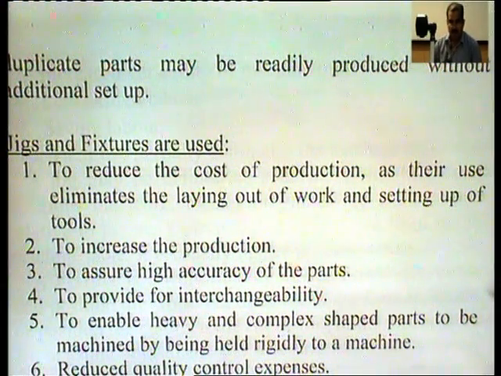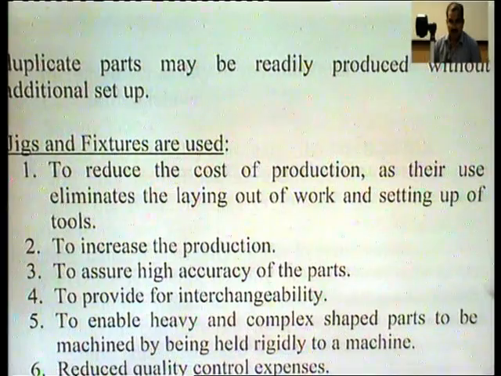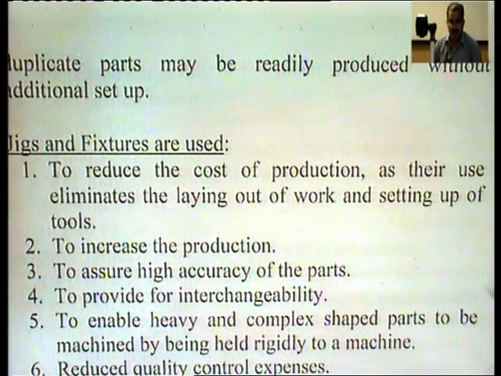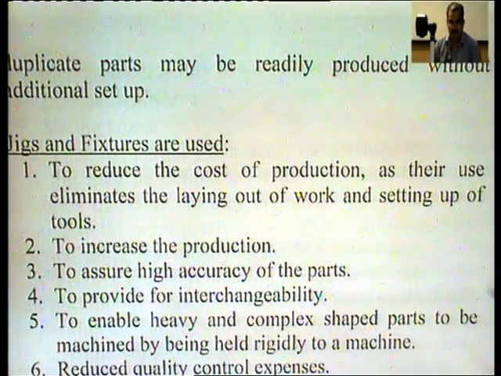If we consume more time, the cost of production is more, but with the help of these jigs and fixtures, the time taken to complete the job is less. So, it increases the production.